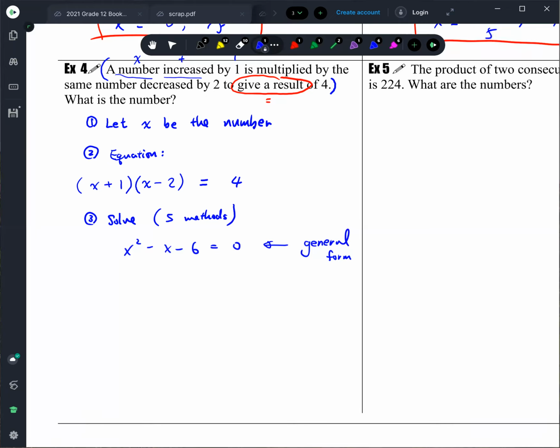Okay, we only have 3 people found the answer so far. Anyone else? Anyone got stuck? Doesn't know how to solve?